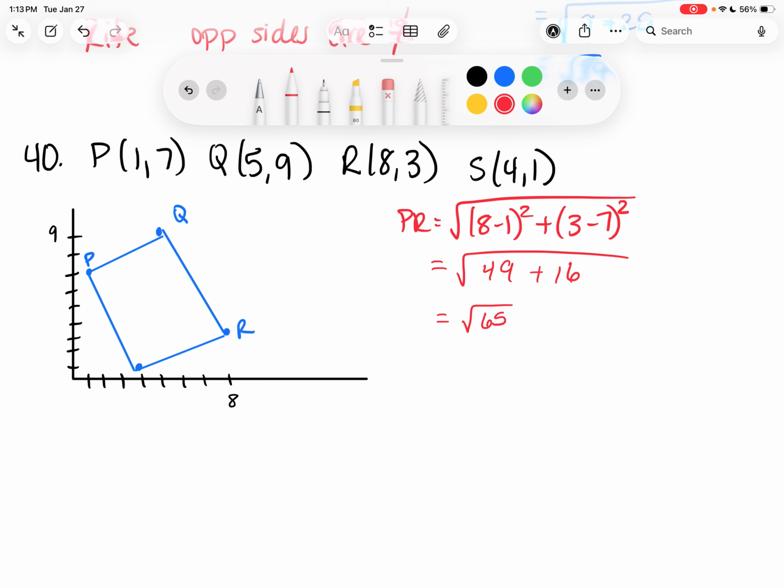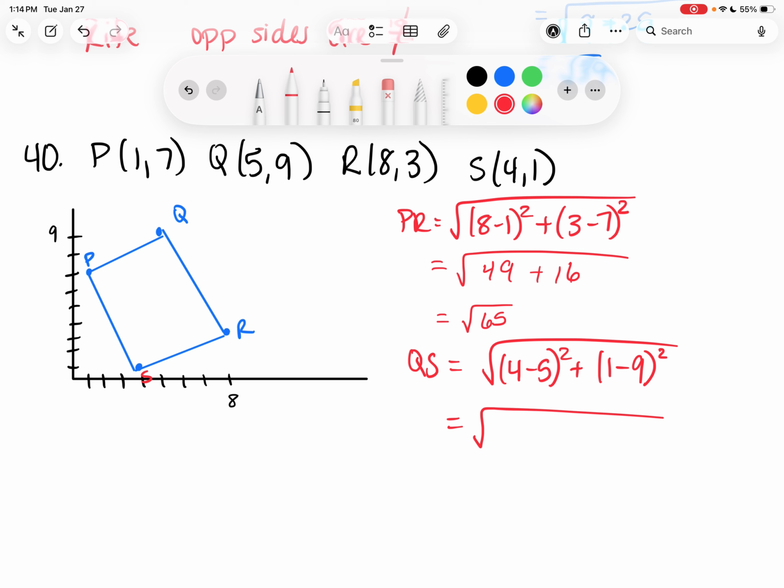I'm going to look for QS. So that's the square root of 4 minus 5 squared plus 1 minus 9 squared. So that's 1 squared is 1. Negative 8 squared is 64. So that means that it is the square root of 65. So my diagonals are congruent.